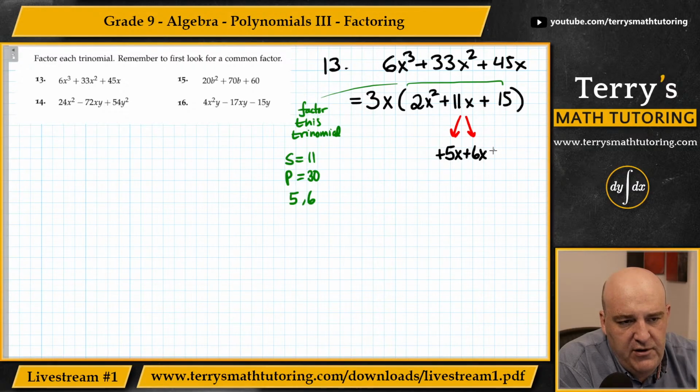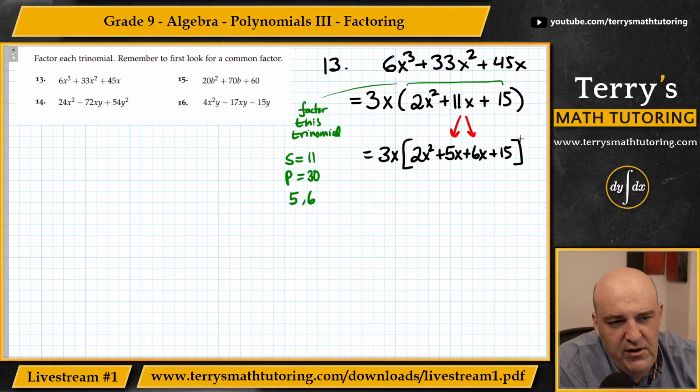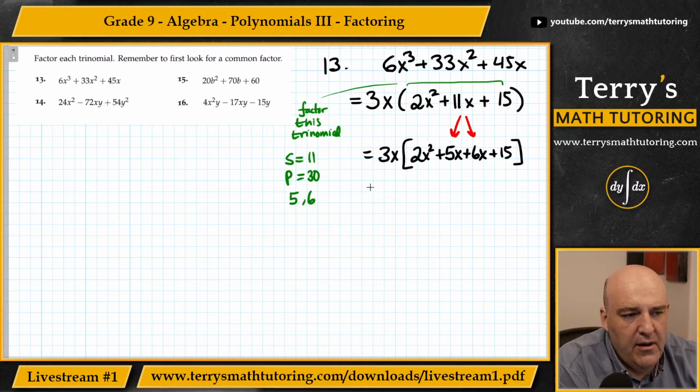The plus 15 is recopied. And the 2x squared is recopied. And you know what? I think square brackets would be nice here. I think it's kind of nice to have the distinction between the square brackets and then the normal curled brackets when we do grouping. It's a little bit less confusing.